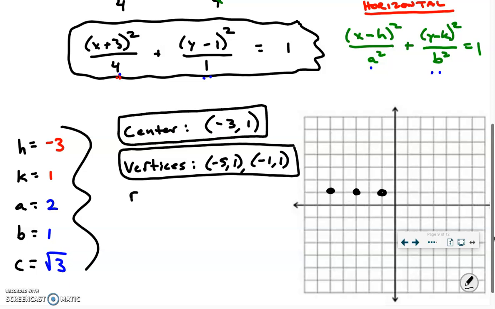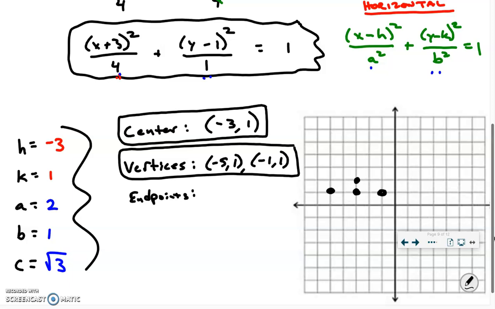Next up is going to be the endpoints. Remember the endpoints, very appropriately named, are the endpoints of the minor axis. We said that this is horizontal, so my minor axis is perpendicular to the major axis. So my minor axis will be vertical, specifically B units above and below.